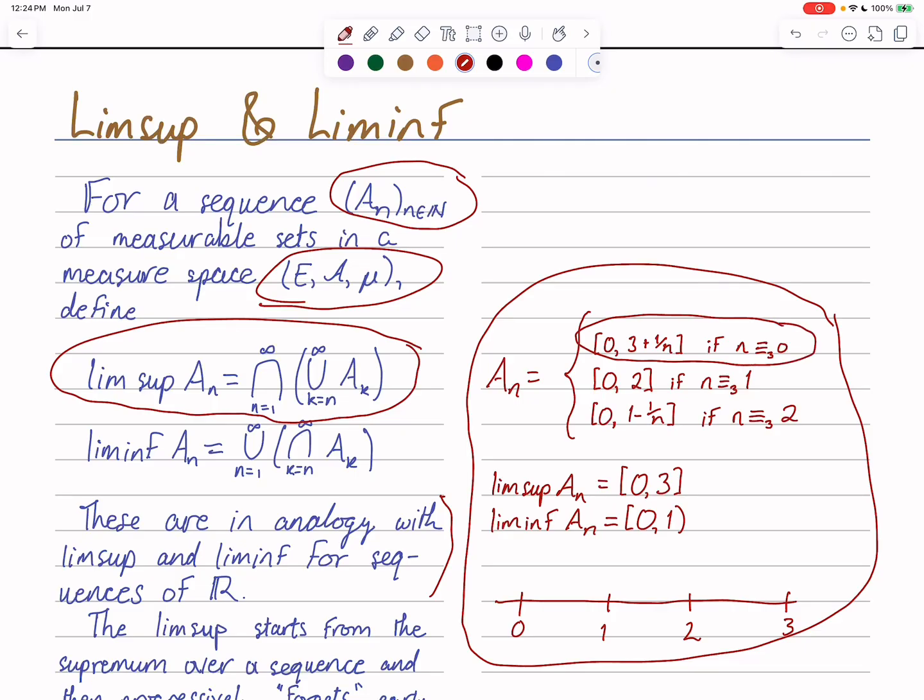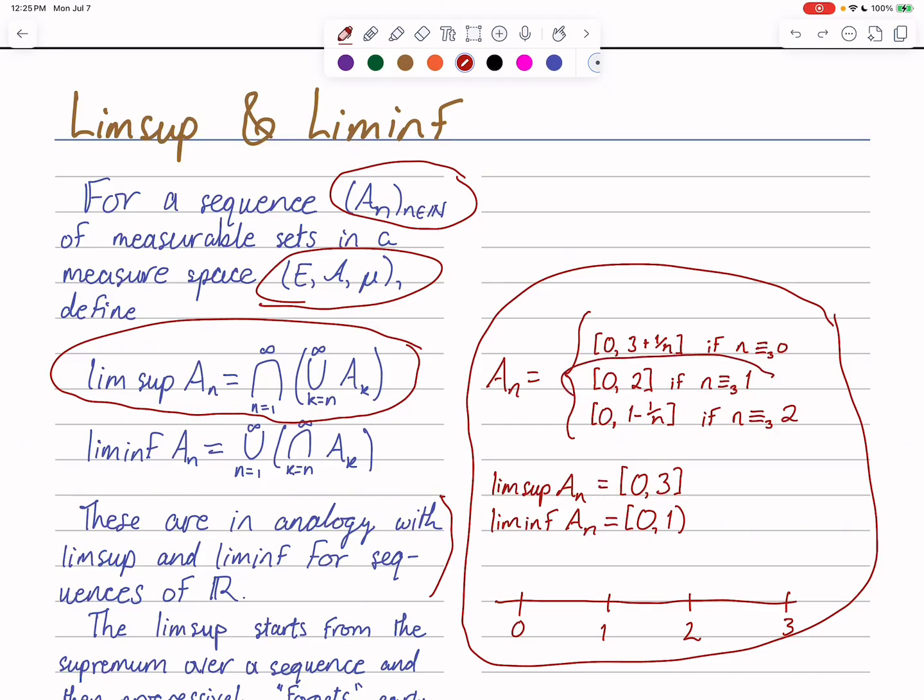Whenever n is congruent to 0 mod 3, which is effectively just to say that it is divisible by 3, so that basically every third index gets you this set, then you get this shrinking set. It goes from 0 to 3 plus 1 over n, but as n is getting bigger and bigger, this is getting tighter and tighter toward 3 from above. Okay, so that's somewhat the point of this first clause.